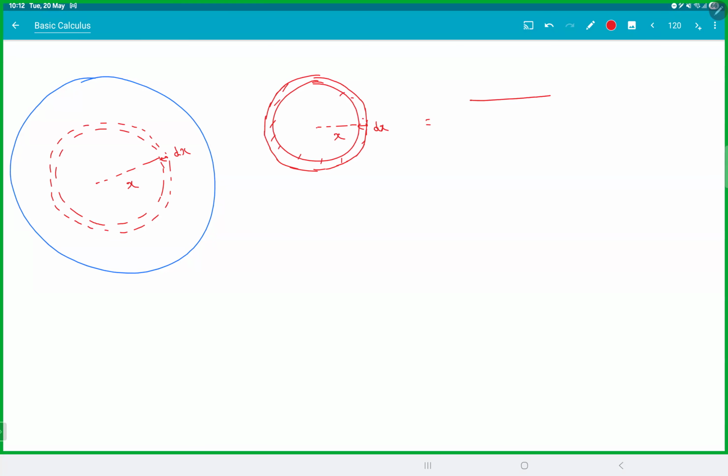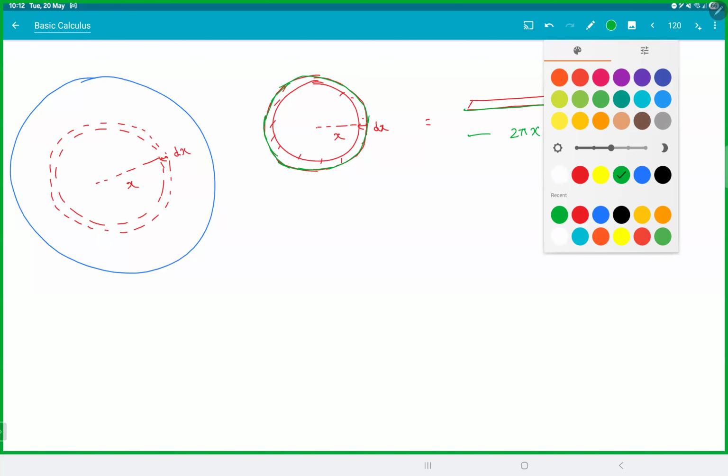So cut open this, you will get a rectangle. Repetitive story, I know for the first time it might be difficult, you will get used to this. So this will be 2 pi x, and this will be dx. So basically you made a ring into a rectangle.